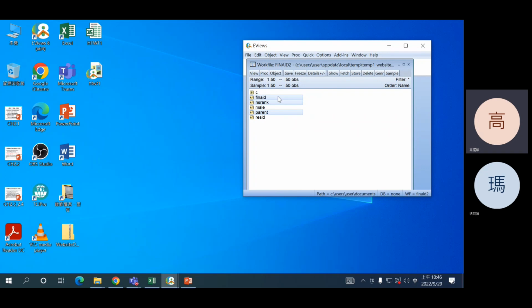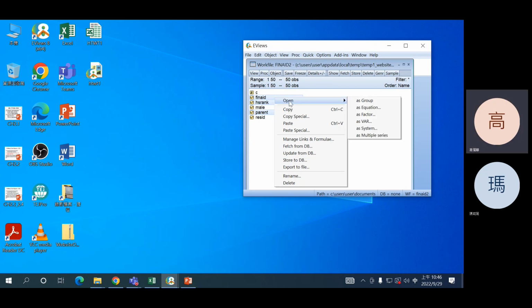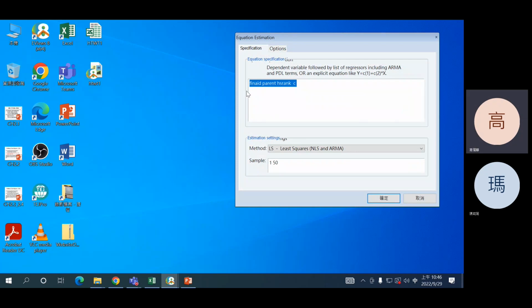I highlight these three, then right click and open as an equation. So I have the Y variable and two X variables in the order of parents first, then HS rank. And I'm using ordinary least squares. So I'm working with multiple regression now.